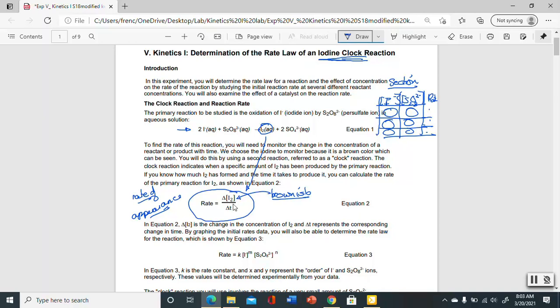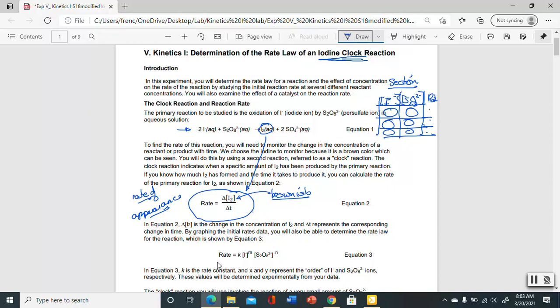Okay, so since our rate wouldn't be particularly distinguishable, we're going to have to make the experiment such that we can measure this rate.